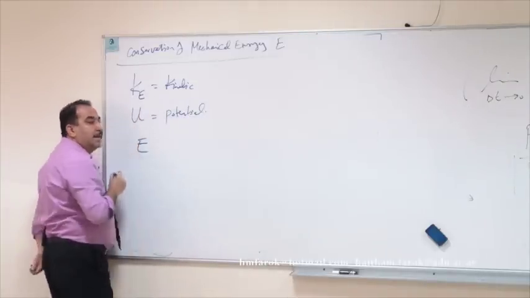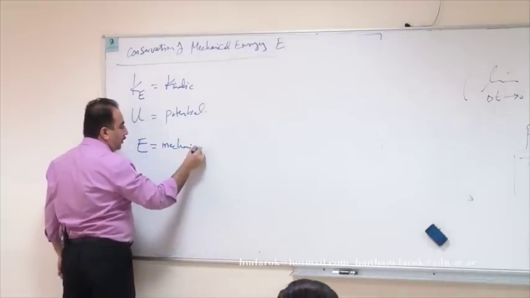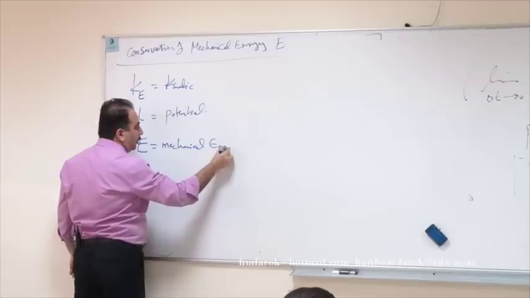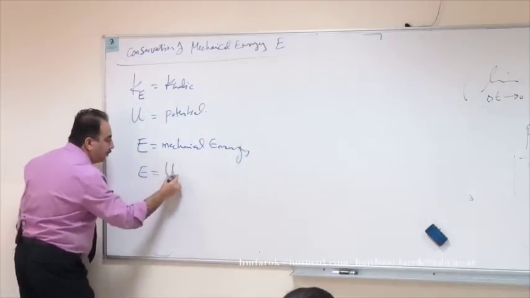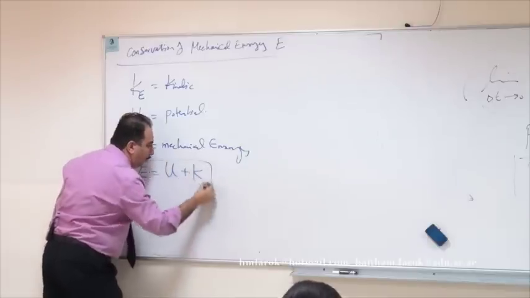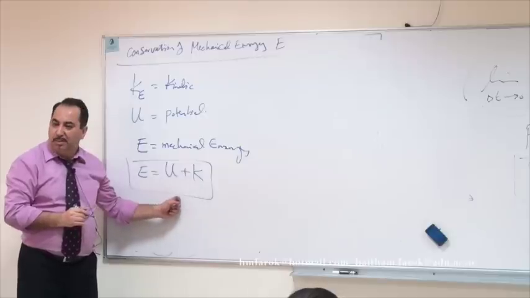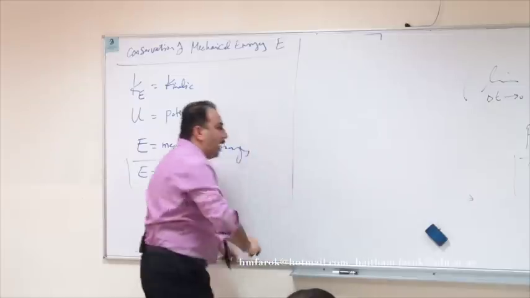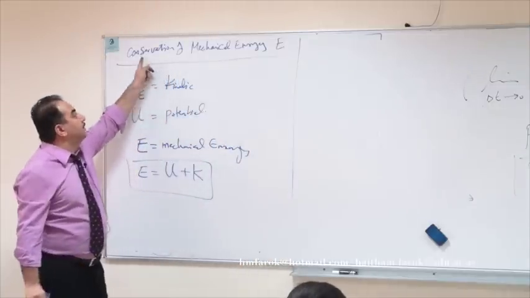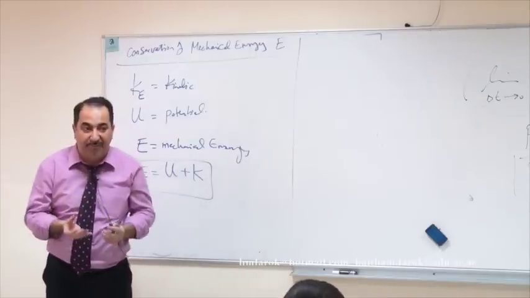E mechanical, and E is equal to U plus K, always. Mechanical energy equals kinetic energy plus potential energy. Now, here we want to talk about the conservation of mechanical energy, which means the mechanical energy is conserved.